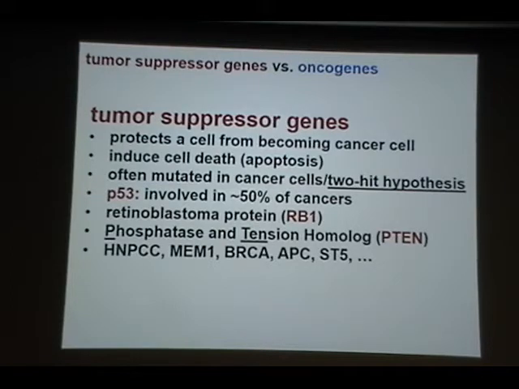So this is a loss of function mutation. The tumor suppressor gene doesn't have the function. And therefore, I will introduce the two-hit hypothesis. We all know that in the human body, we have two chromosomes, one from the father and the other from the mother. I may inherit a mutant tumor suppressor gene from my mom, in other words, it's not functional. However, I will have a normal tumor suppressor gene from my father.